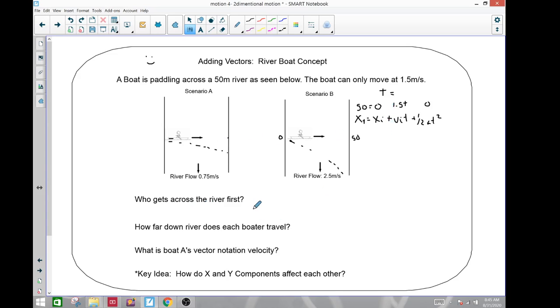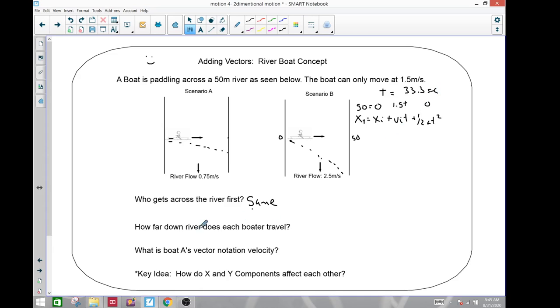So who gets across the river first? It is the same. This one's actual inline path is longer, but his inline velocity is faster because the river's going faster. Either way, the time in this case is 33.3 seconds.